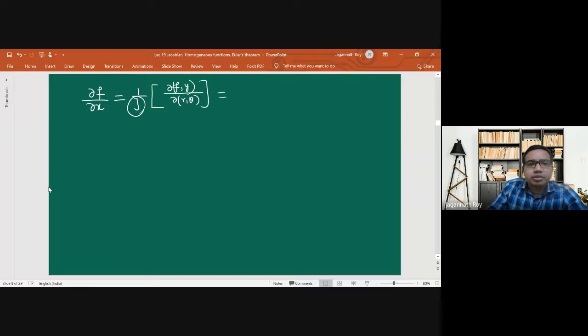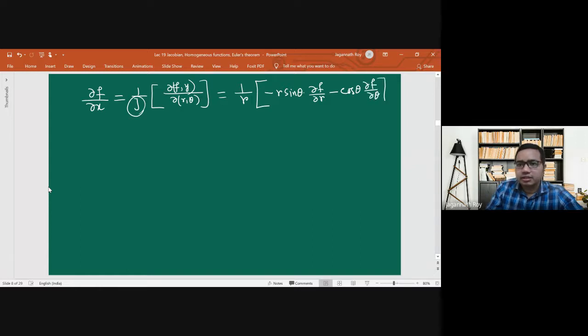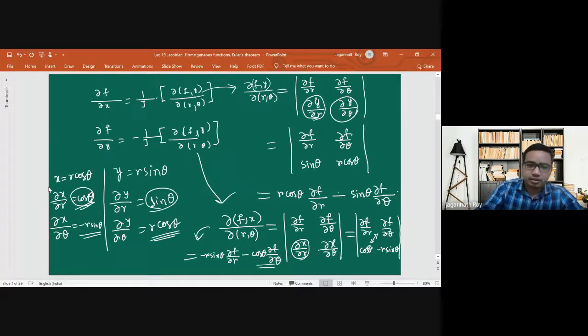So j equals, we have calculated, r, so this is 1 by r. And this one is negative r sin theta del f del r minus cos theta into del f del theta.